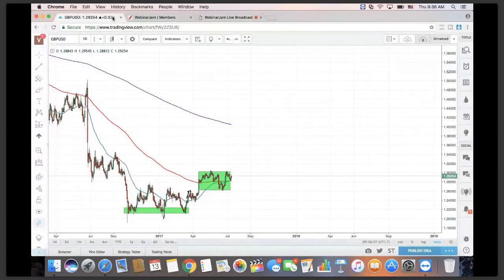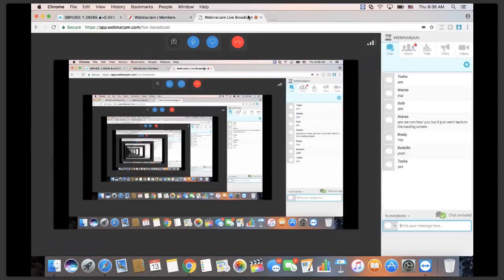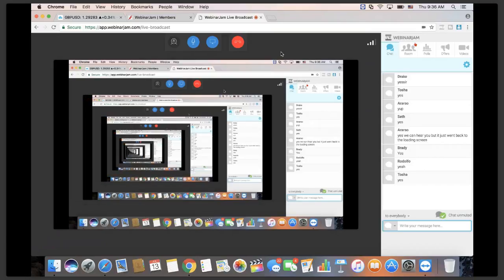I got the chart pulled up. Okay, perfect. All right, so I'm sorry about that, guys. I don't know what happened. I was trying to get the screen back up, and it was just tripping out. I really don't know. I had to pretty much restart the whole thing.